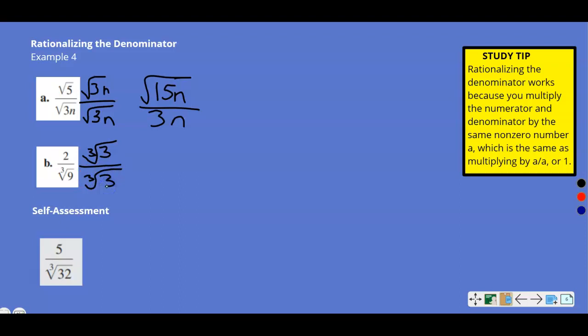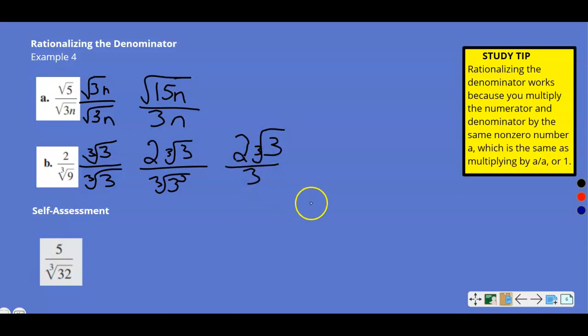Now, that's equivalent to 1, so we didn't change it. So now on top, we're going to have 2 times the cube root of 3. And on the bottom, we're going to have the cube root of 27, or 3 cubed. So it's going to be 2 times the cube root of 3 over 3.